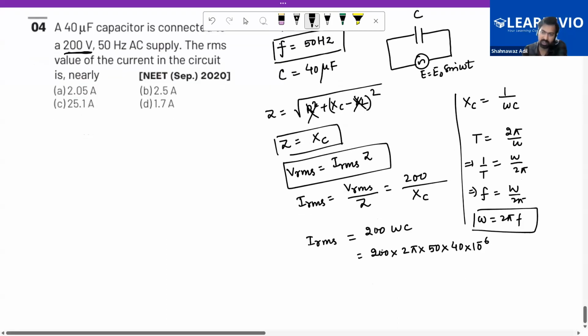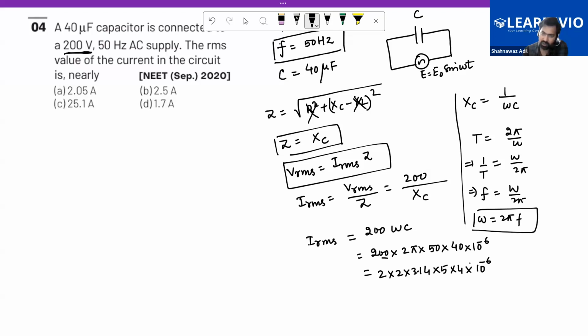So if we put all these values, how much will we get? What is the answer? So they have written in this thing. So 5 fours are 20, and then this is 4. So this is 2, 2s are 4. Let's write all the powers on one side. So 2 into 2 into 3.14 into 5 into 4, and then this is 10 to the power minus 6.